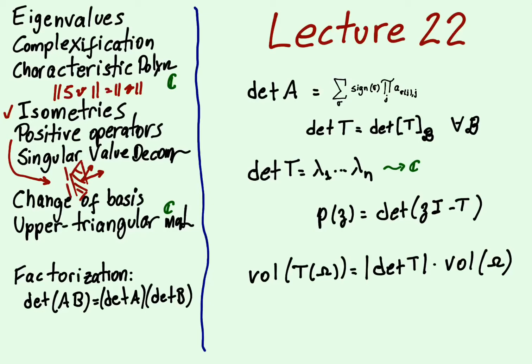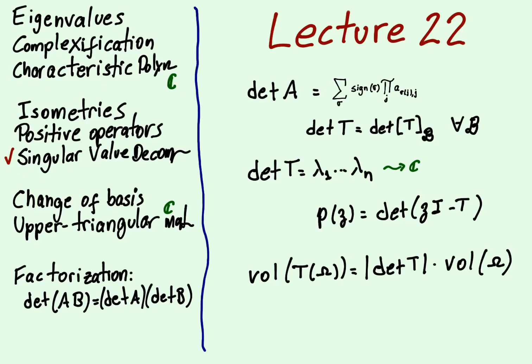So if we take a vector, we look at the hyperplane or the subspace of all vectors orthogonal to it, and we look at the image of this vector under T, it's on the same side of that hyperplane, it's not on the other side. This is a positive operator, and an equivalent formulation is that it is self-adjoint, and all eigenvalues are non-negative. That's what we call a positive operator in this course.